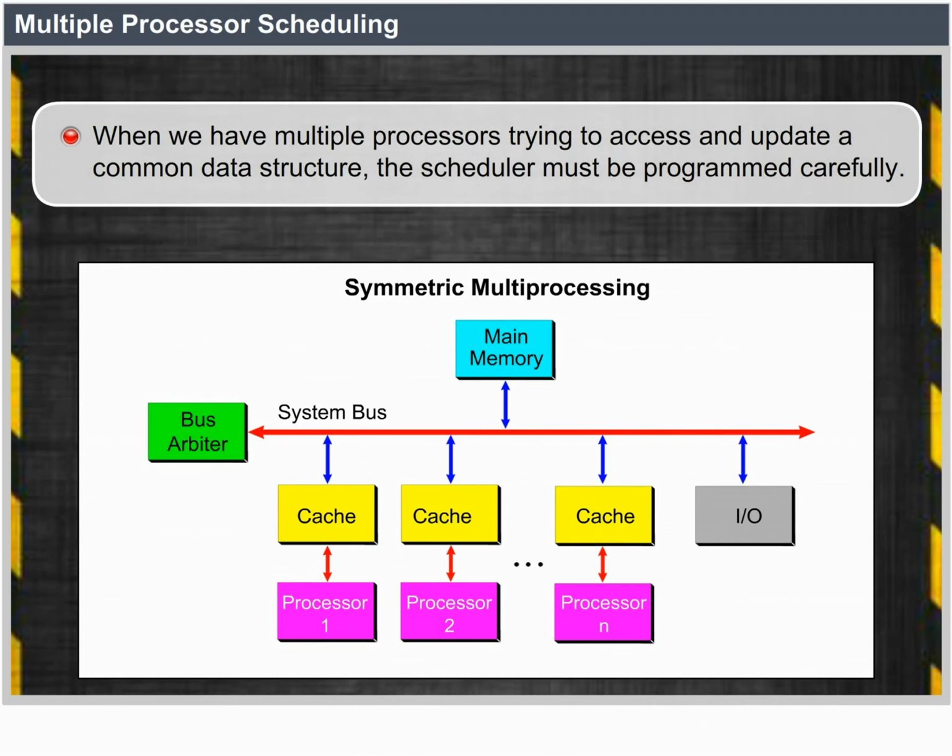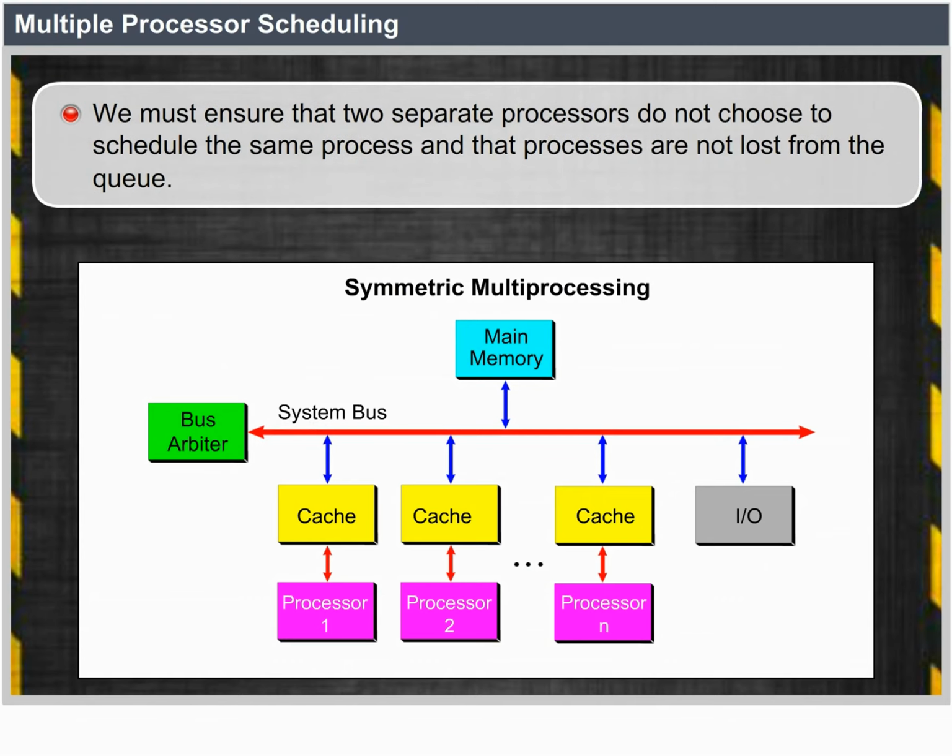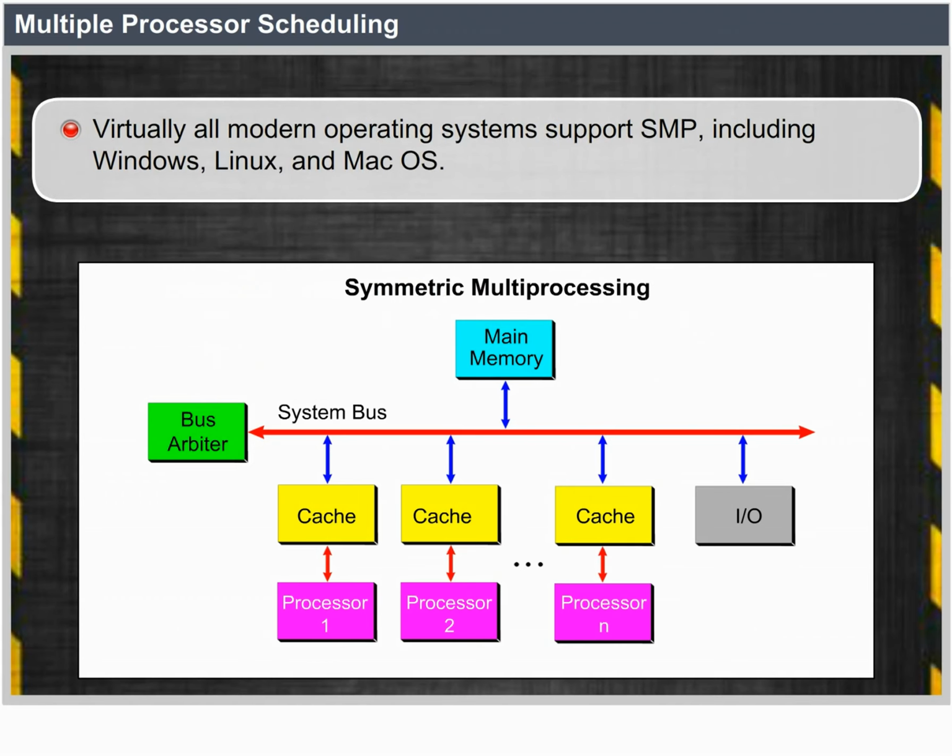If we have multiple processors trying to access and update a common data structure, the scheduler must be programmed carefully. We must ensure that two separate processors do not choose to schedule the same process and that processes are not lost from the queue. Virtually all modern operating systems support SMP, including Windows, Linux, and Mac OS.